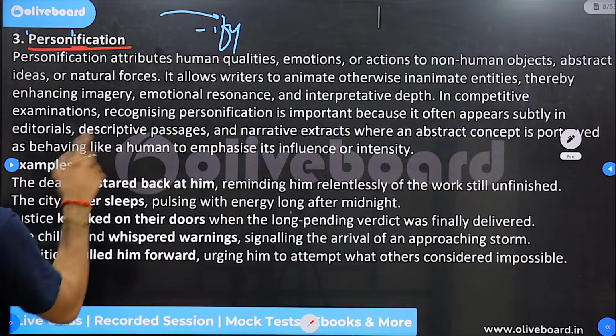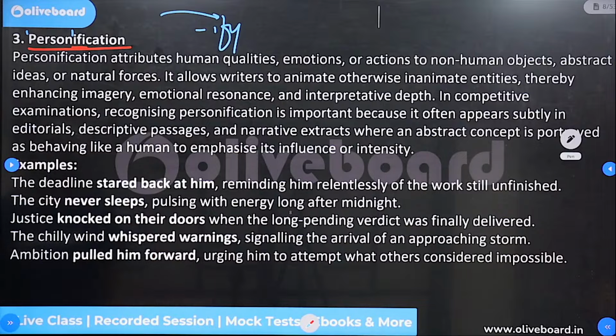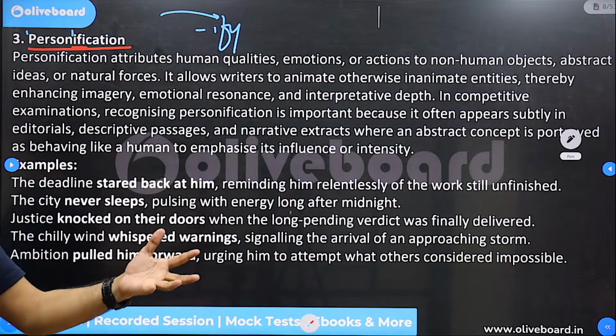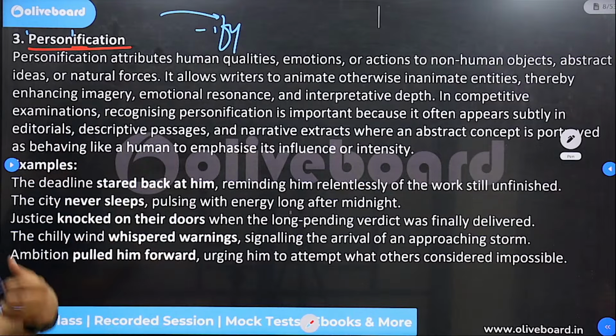So person, personify, personification, where objects and things are considered to have life. They can perform actions and activities.